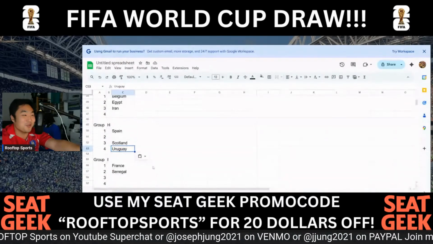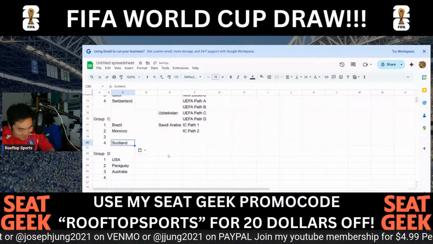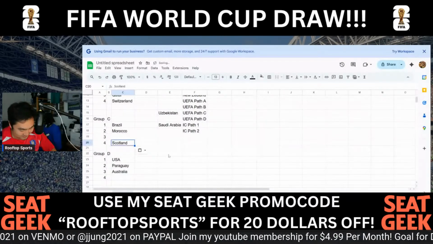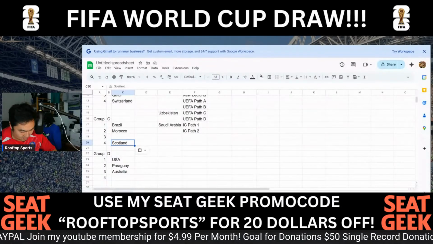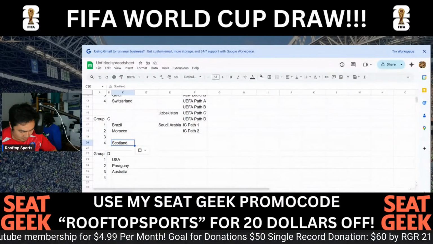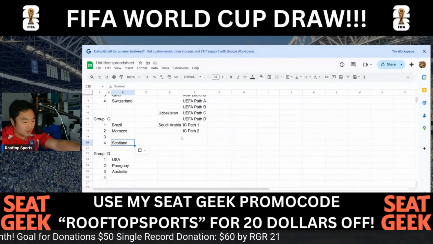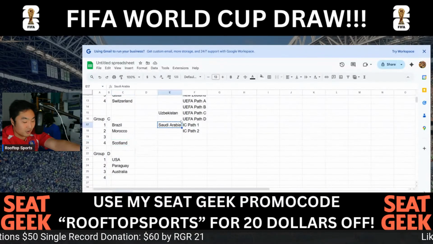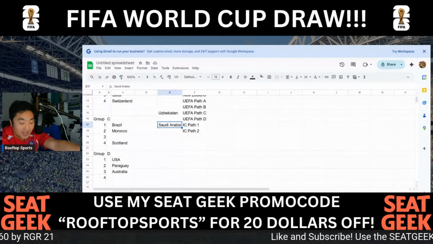You have to play against Brazil. You're screwed. Goodbye, Scotland. Saudi Arabia. You cannot put them in Group A. You can't, not Group B, so I think you're going to put them in Group H.